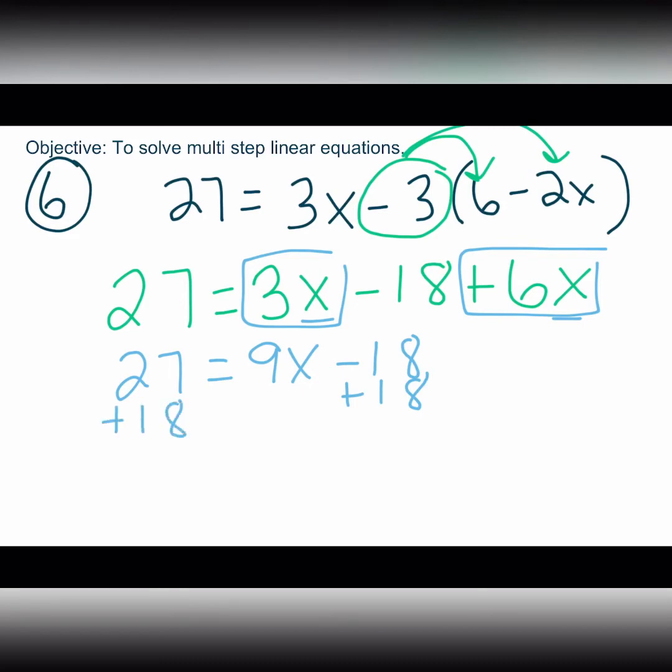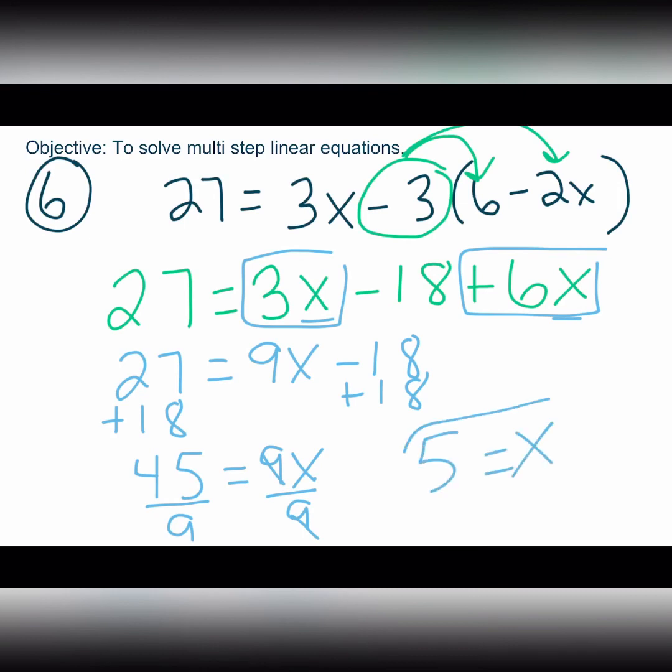So we have here is 45 equals 9x. And then to undo the multiplication, we divide by 9. 45 divided by 9 is 5. So 5 equals x. So that is how you solve multi-step linear equations.